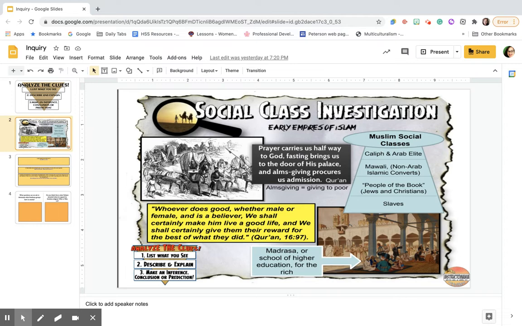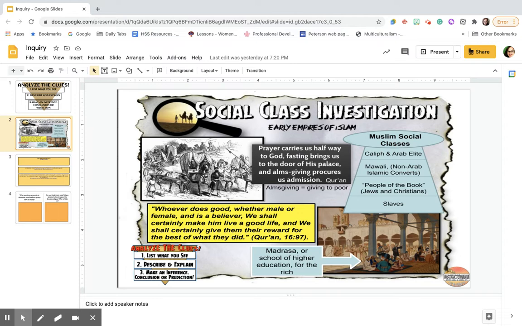Now we look at some images, and you'll have to look closely at those images. This box says, prayer carries us halfway to God, fasting brings us to the door of his palace, and almsgiving procures us admission. That's from the Quran, and almsgiving means giving to the poor. And you can see another one.